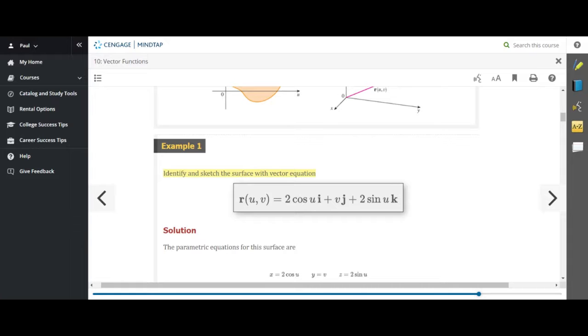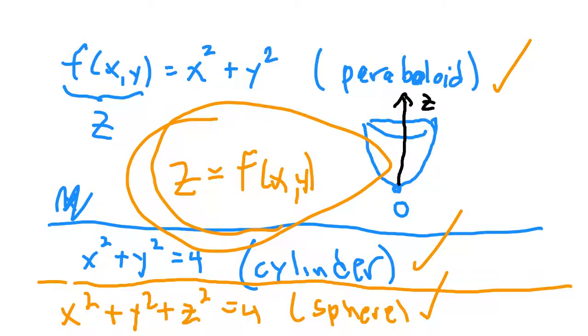Let me go to the whiteboard. We're looking at example 1 here. Let me write this down.